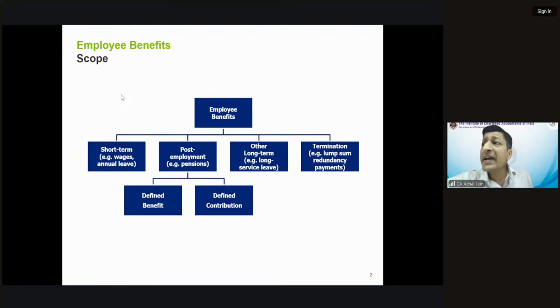But all of these benefits are available to any employee. Why are those benefits available to the employee? Because the employee has rendered services for the employer.